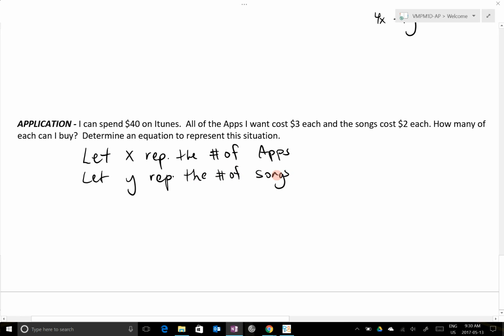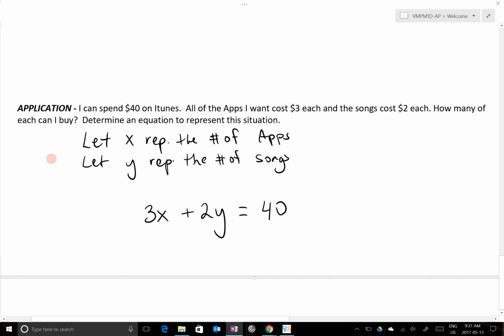Okay, so $3 for each app, so 3 times x, and $2 for each song, so plus 2y equals, how much money am I spending here? $40. So my standard form equation is going to be 3x plus 2y, bring the 40 over, so minus 40 equals 0.